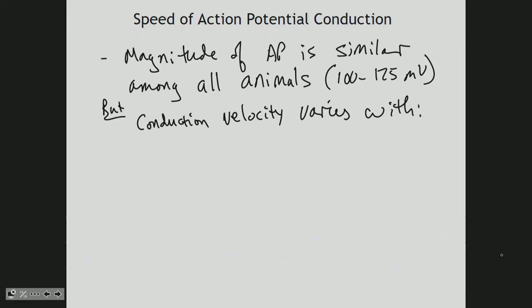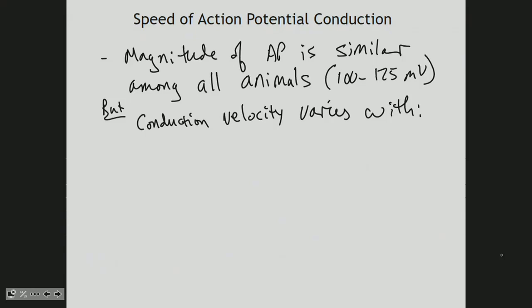So it makes sense that this is kind of a fixed thing. It's about 100 to 125 millivolts maximum, because you're talking about the equilibrium potentials for potassium and sodium.